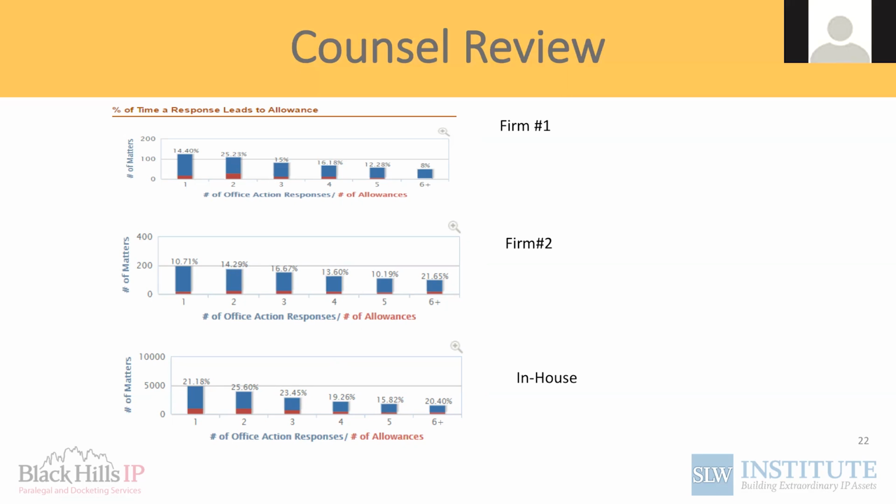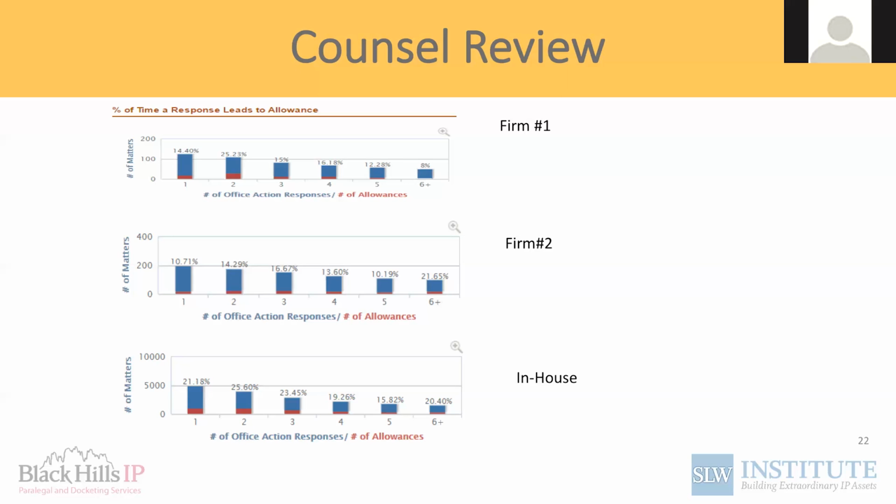Firm 1 looks pretty good. Firm 2, their highest percentage of allowances isn't until you get to 6+ office actions. That has me a little concerned. So this signifies that there's something going on here.